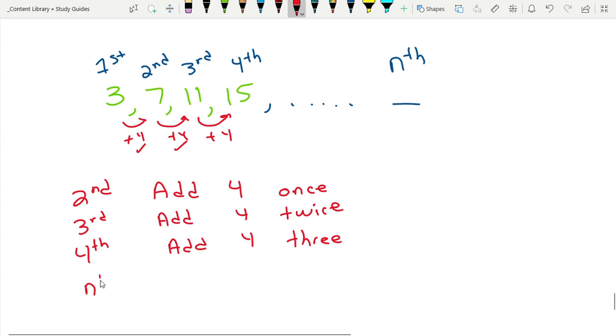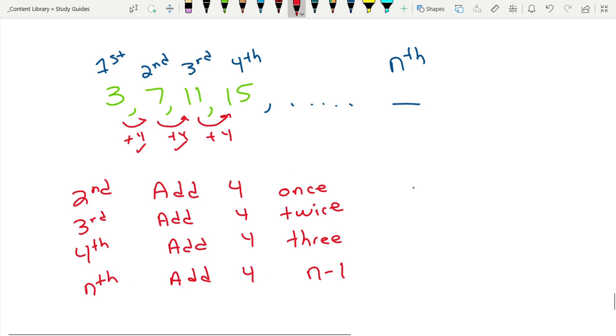So if we're going to the nth number, we're going to add 4, 1 less than n. So we write that as n minus 1, because all of these were 1 less than the number. Second number, once. Third number, twice. Fourth, 3 times. Fifth, 4 times. So the nth is n minus 1.